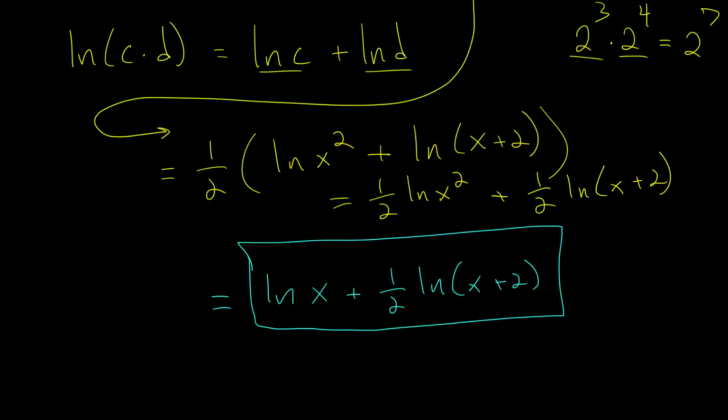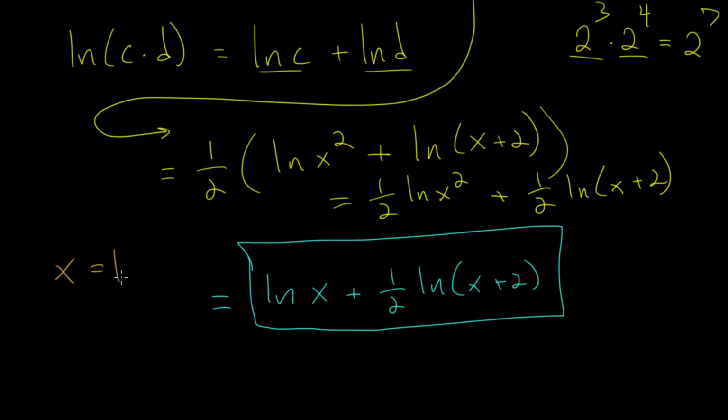Now, one way to test this is to pick some value for x and plug it into the simplified expression and the original expression and show that we would get the exact same output. So for these, it can be a little bit messy since natural logarithms in particular often deal with irrational numbers, but we can get a rough idea.